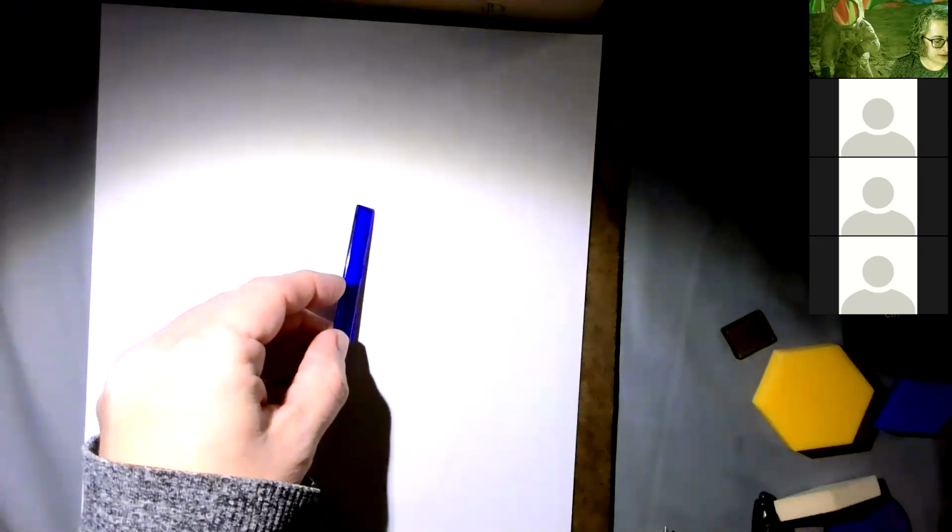I'm going to put some strange looking ones in here. What about this? What's the name of it? Rectangle. What does a rectangle have? 4 sides. What makes it different from the others?